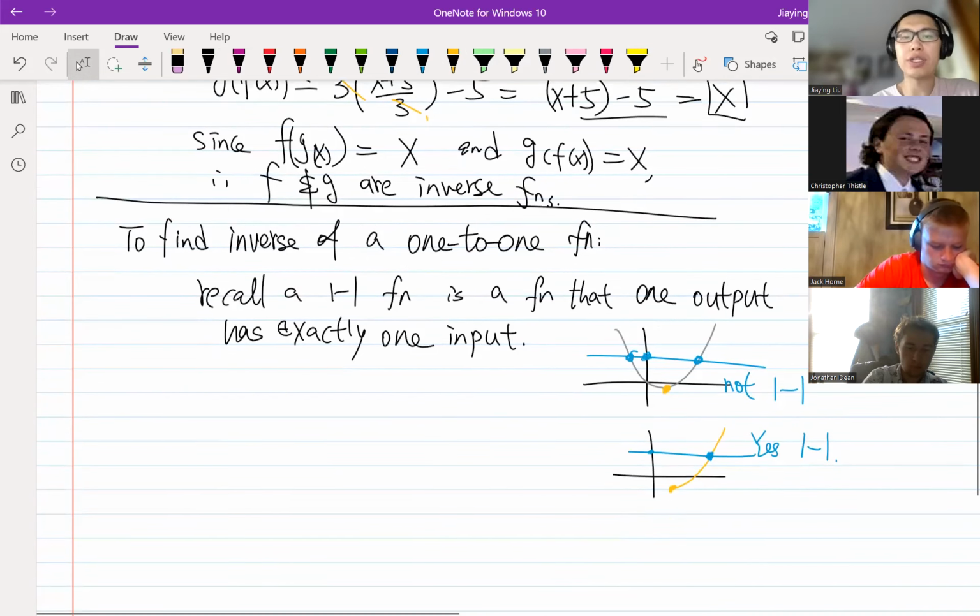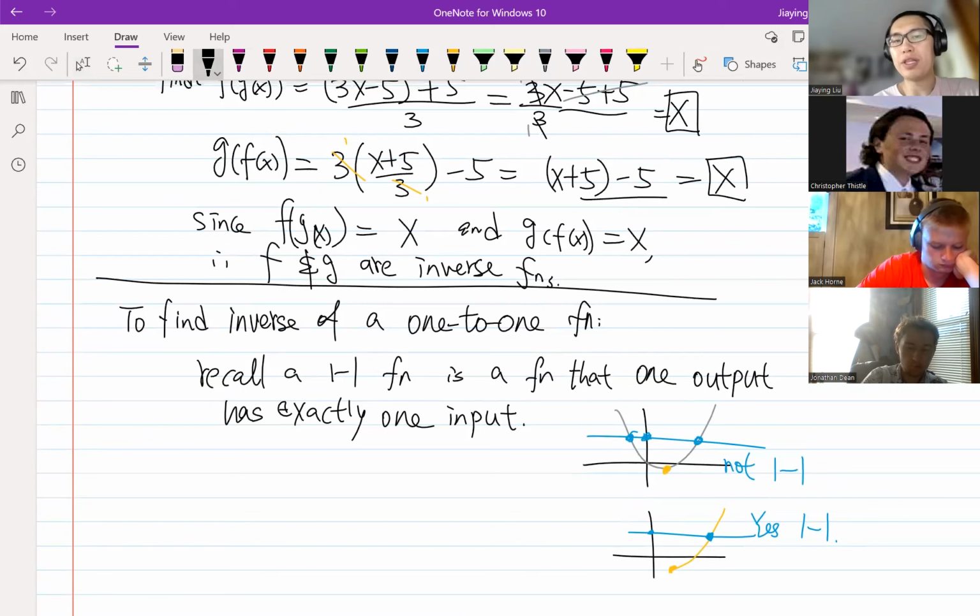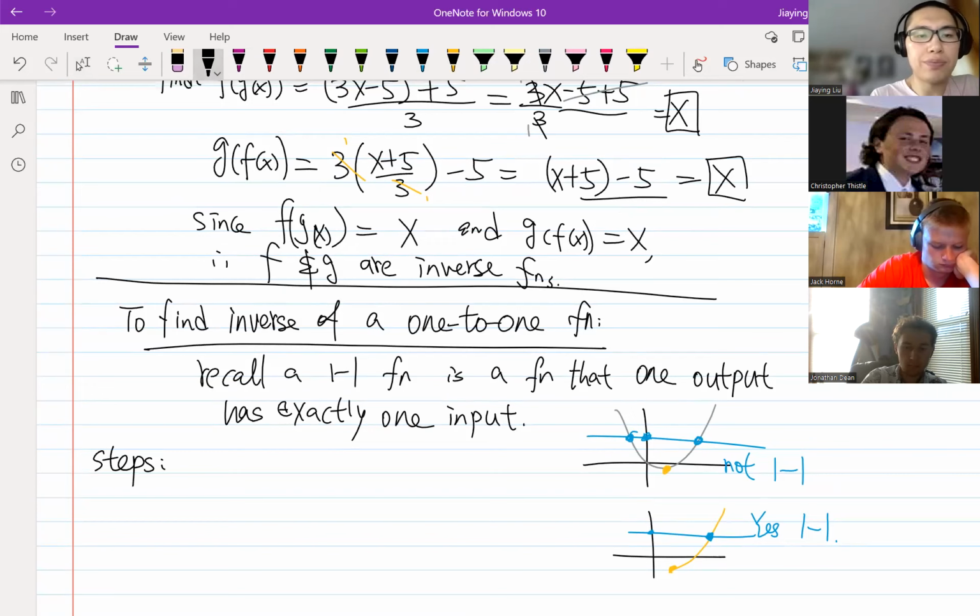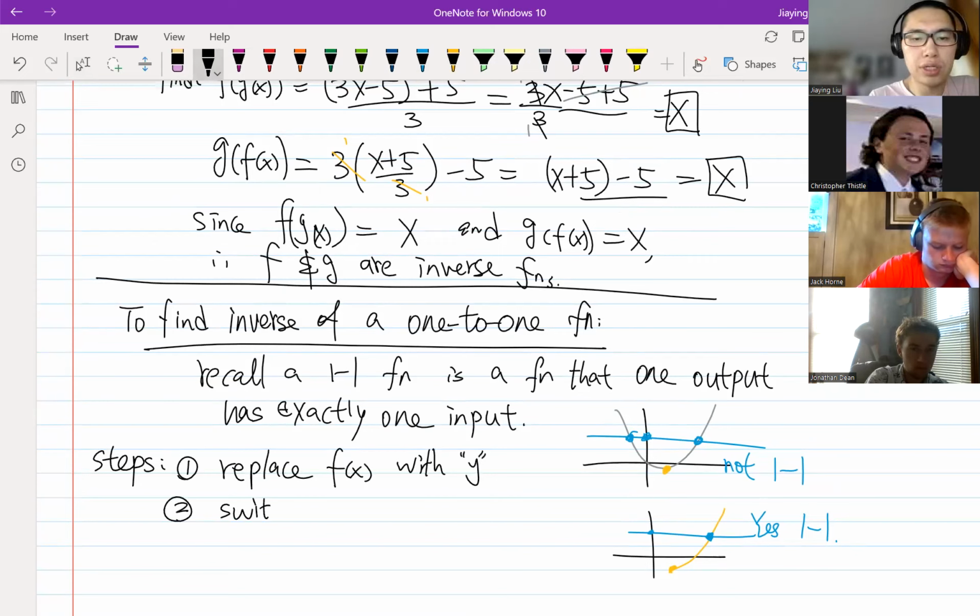For 1-to-1 functions, if we want to find the inverse, we're going to follow these steps. Step 1, we replace f of x with y. Step 2, we switch x with y.